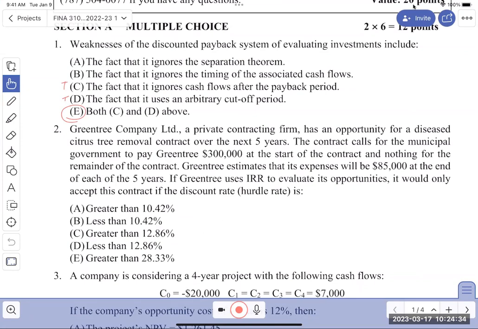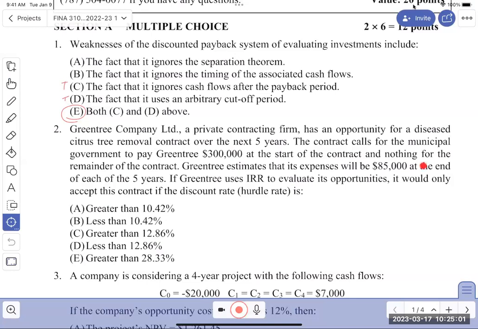Is there something different about this problem than the one that we did that you've noticed? That the expenses are the same. Okay, yeah, so this is easier.